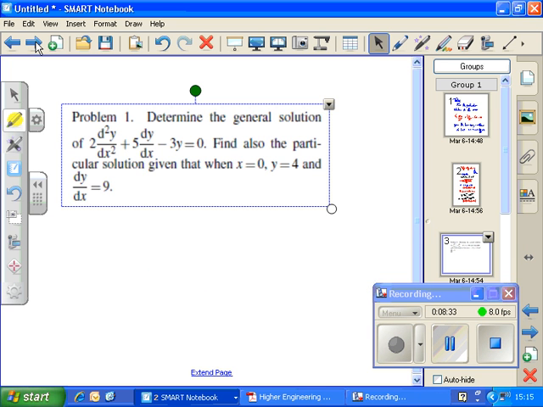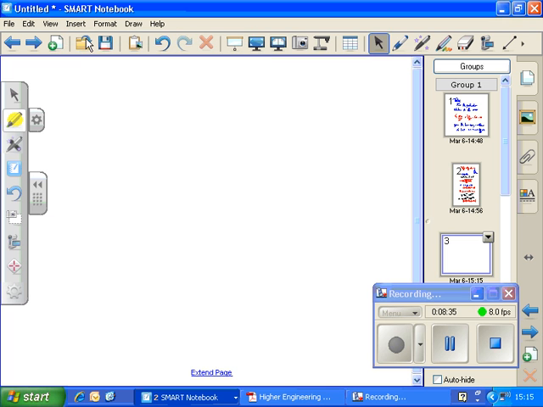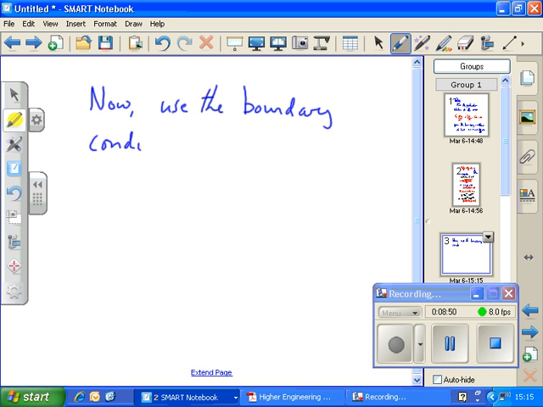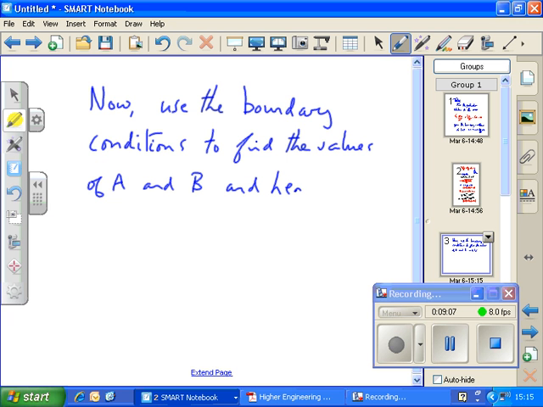So now, use the boundary or initial conditions to find the values of a and b, and hence arrive at the particular solution.